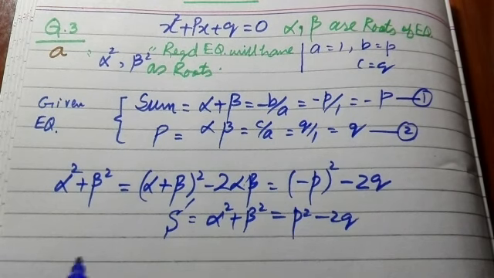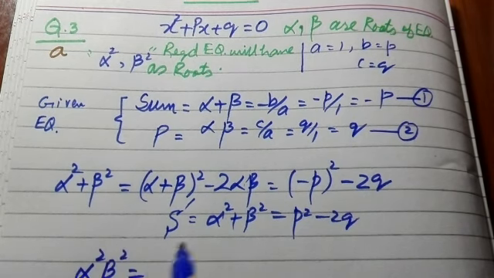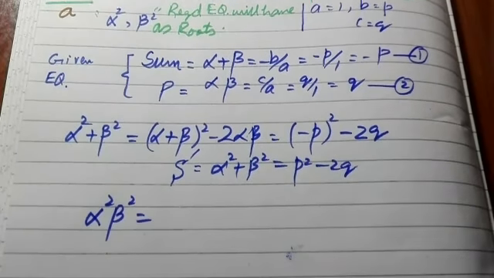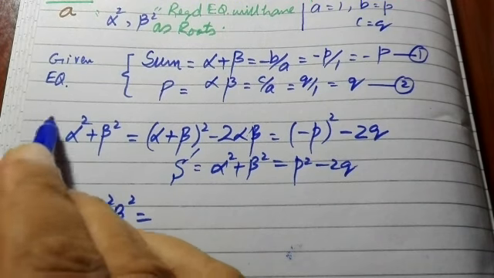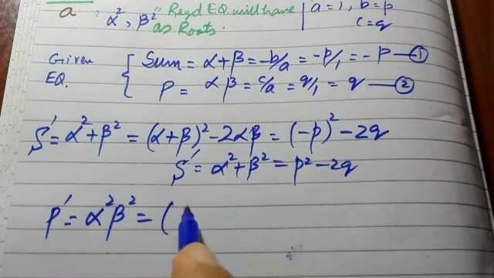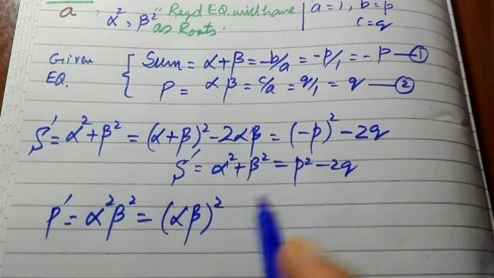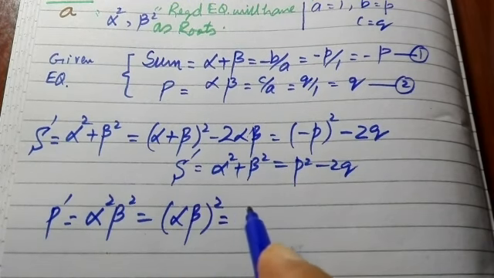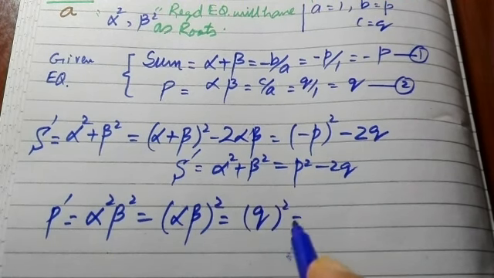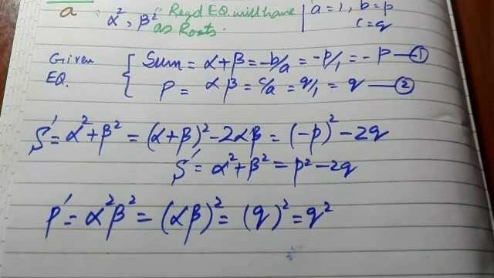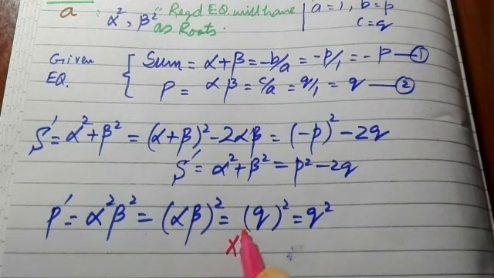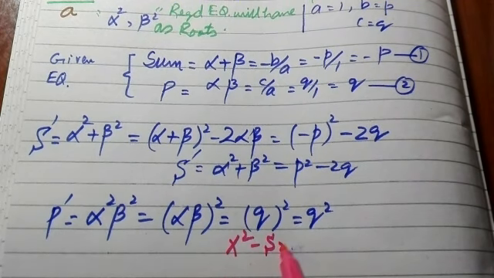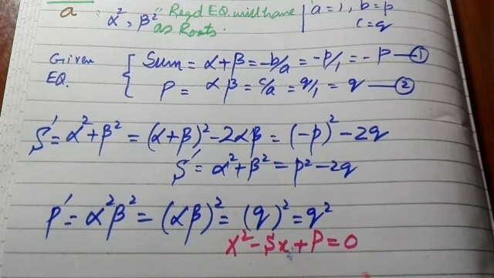Now we will find alpha square beta square as the product. This was the sum of the required equation, and this will be the product of the required equation: alpha beta whole square, that is equals to q whole square, that is equals to q square. So we will put it into the formula to generate the equation. That formula is x square minus sx plus p is equals to 0.